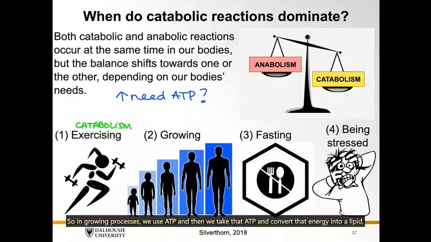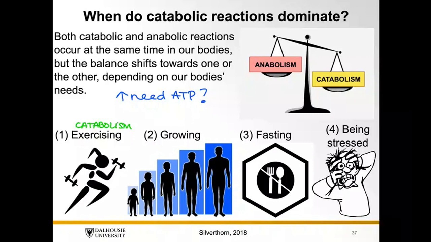So in growing processes, we use ATP, and then we take that ATP and convert that energy into a lipid, into a protein that can be used for a muscle, into a carbohydrate that we can store in the liver, for instance. So this is an example where anabolism would predominate.